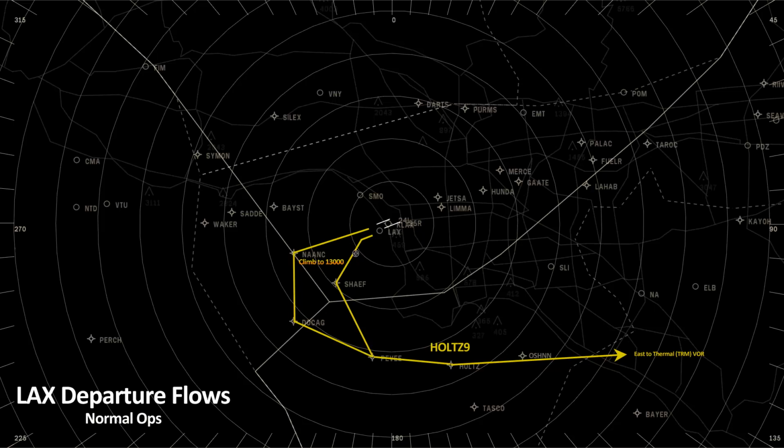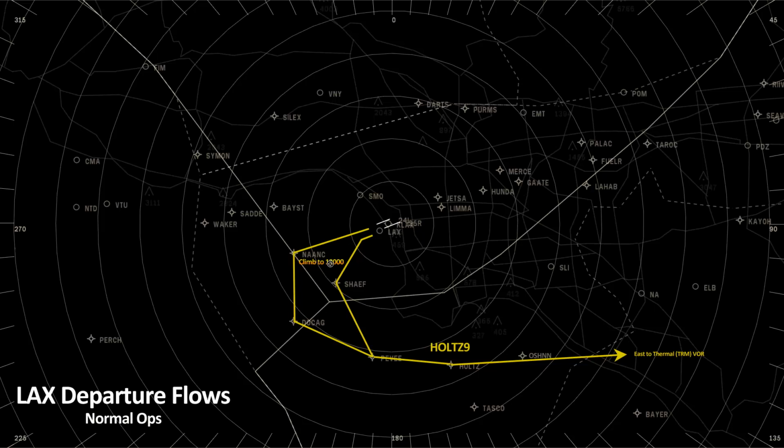The reason that they do this is pretty simple. It's to allow 2 successive departures, one off of each runway, to fly the same departure procedure without any concerns about lateral separation. Remember that within 40 miles of the airport, the separation criteria is 3 miles or 1,000 feet of vertical separation.